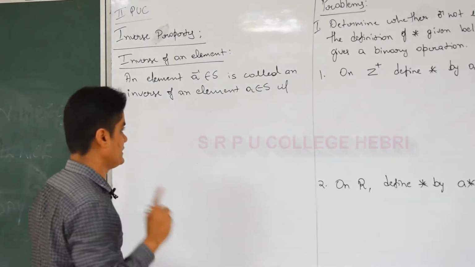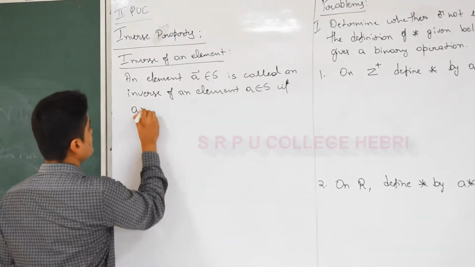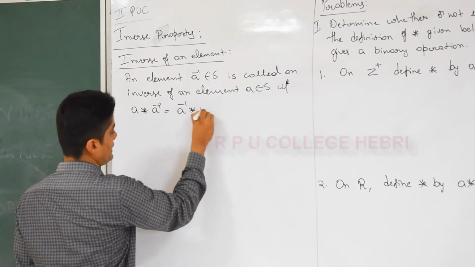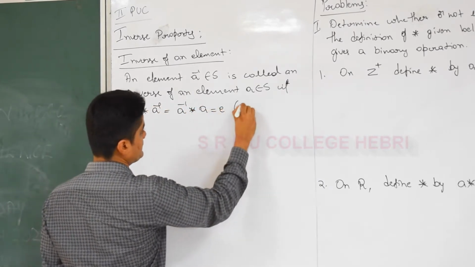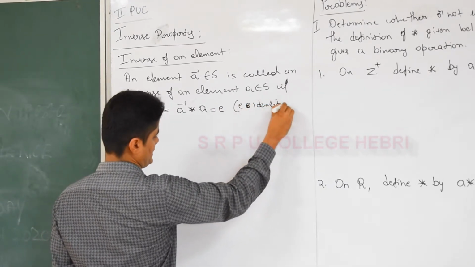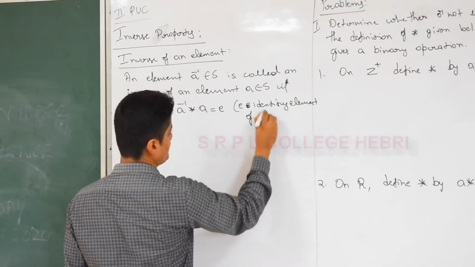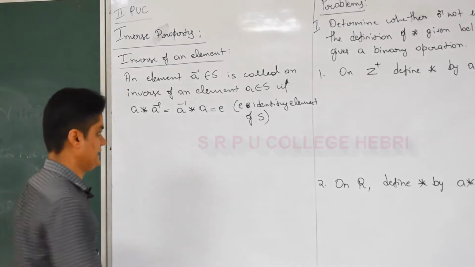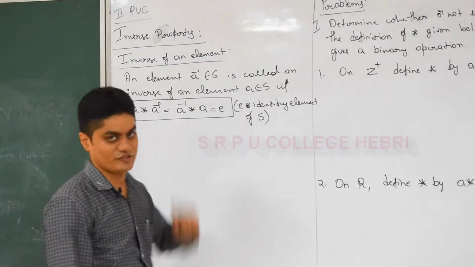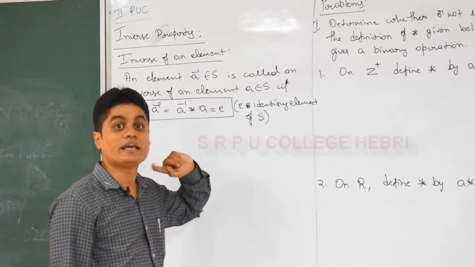S is a non-empty set. If A star A inverse is equal to A inverse star A equal to E. What is E here? E is nothing but the identity element of S. So if this condition is satisfied for an element A belonging to S, then we say that the inverse of A is A power minus 1 or A inverse.